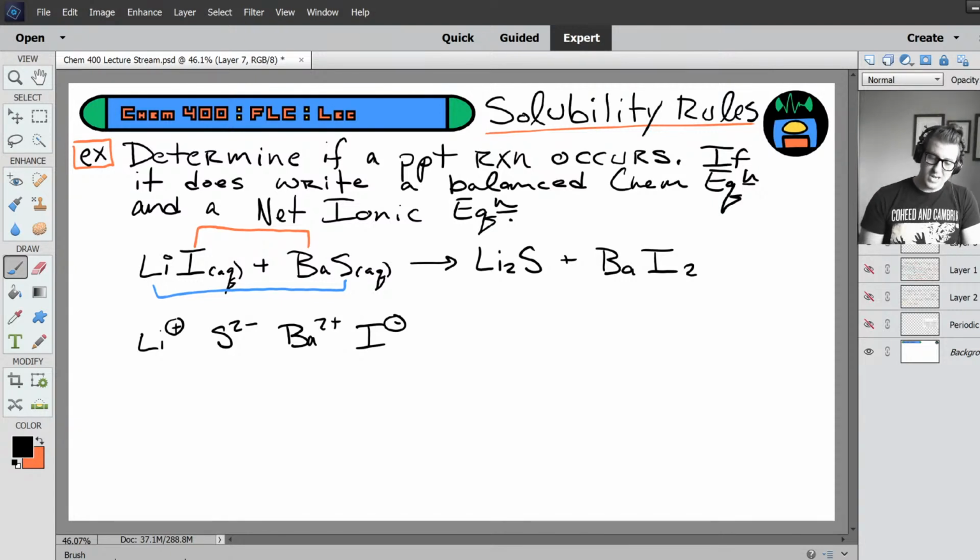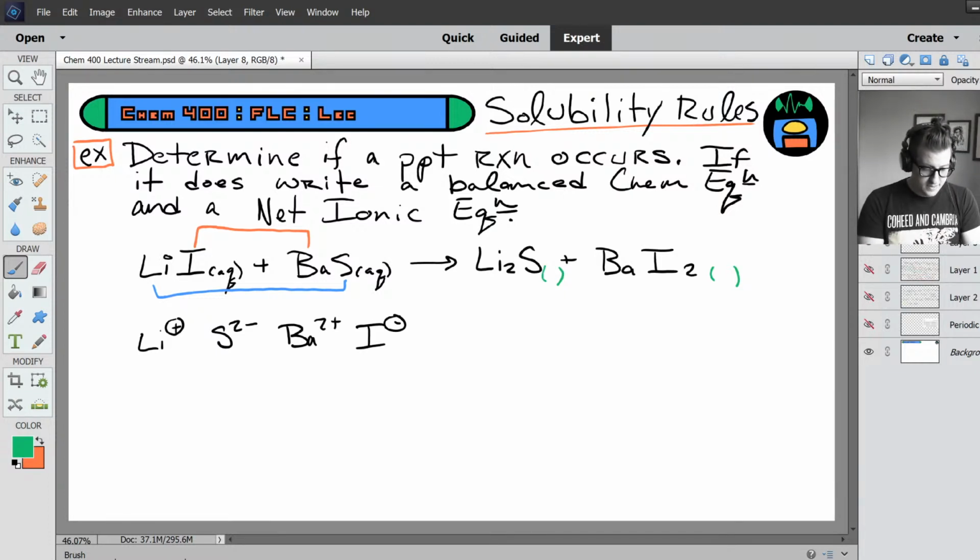Now we have to determine what the phase is going to be for both of these. If one or both of them is a solid, then we have a precipitation reaction and more work to do. If both of them are aqueous, no reaction occurs. So we just say no reaction and move on.